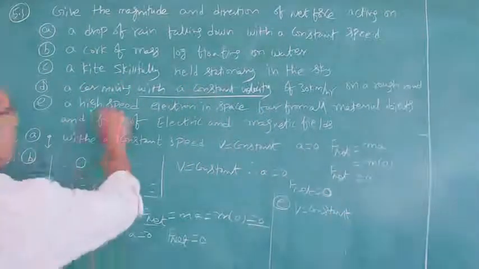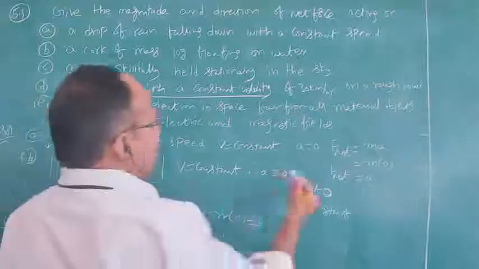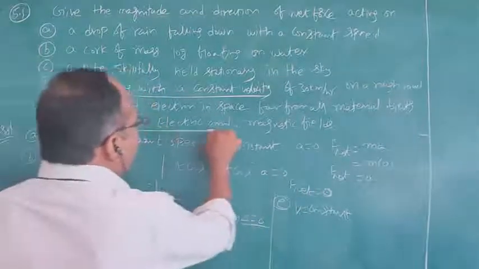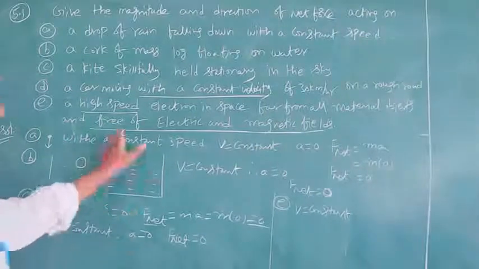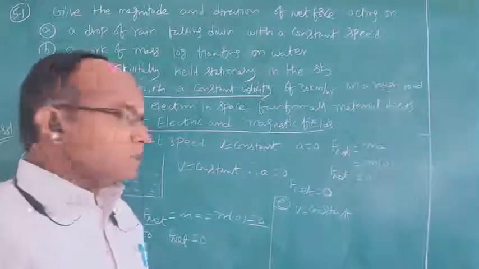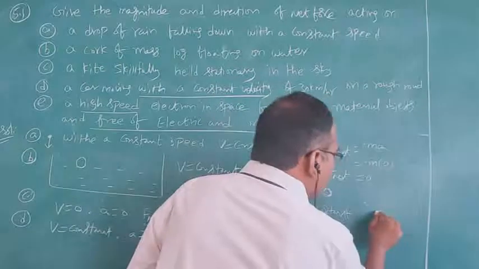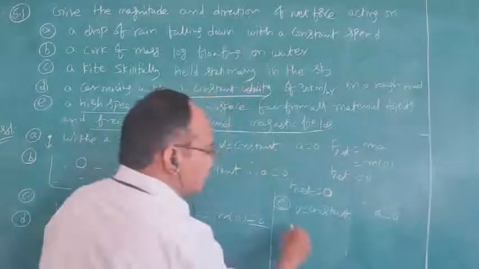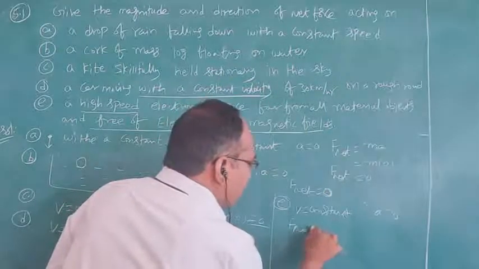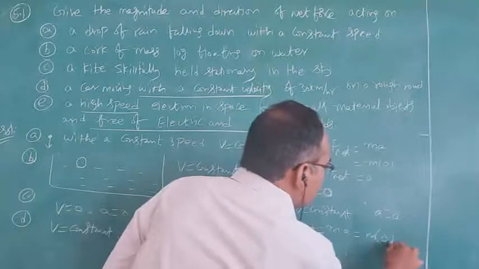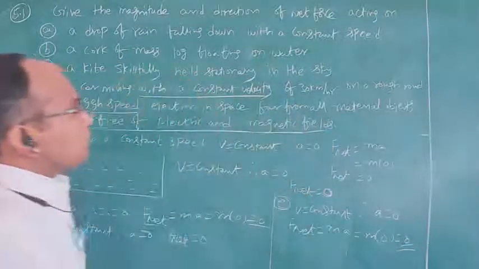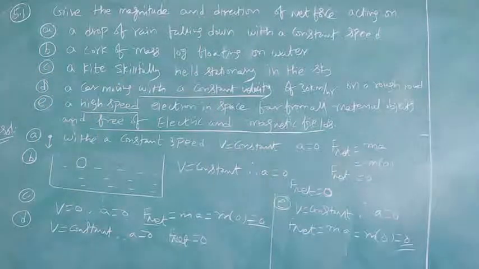Because they are moving with high speed, and they are free from electric fields as well as magnetic fields. That means V is constant, therefore acceleration is 0. So therefore the meaning is what? Net force is m into a. The meaning is m into 0 is nothing but what? 0. So for all the things, net force is 0.